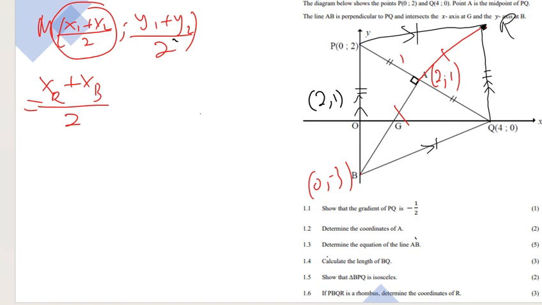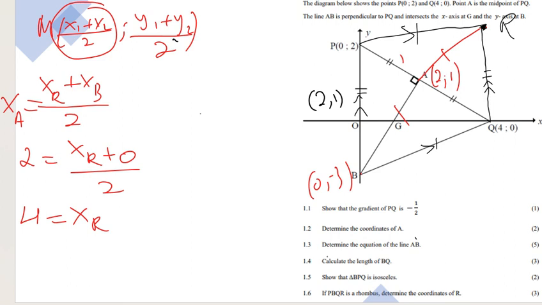So xa is 2, equal to xr, the one we are looking for, plus xb, which is 0, over 2. Cross multiplying, you get 4 equal to xr.